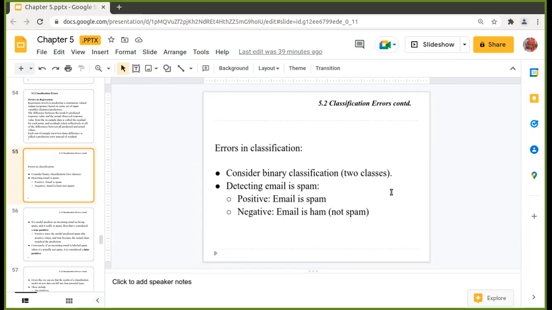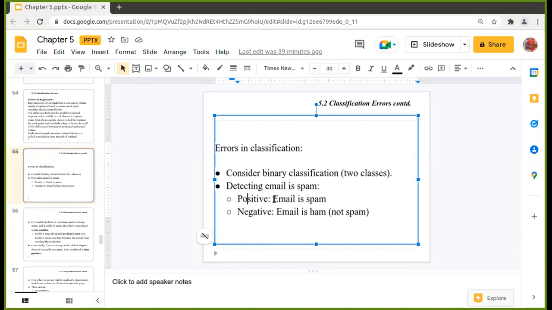So here, instead of talking in terms of class 0 and class 1, consider that positive means that the email is spam. That is, right now we are detecting whether an email is spam. If the email is spam, then I can say that this comes under the positive category. And if the email is not spam, another term used is ham. Ham means that it is not spam.